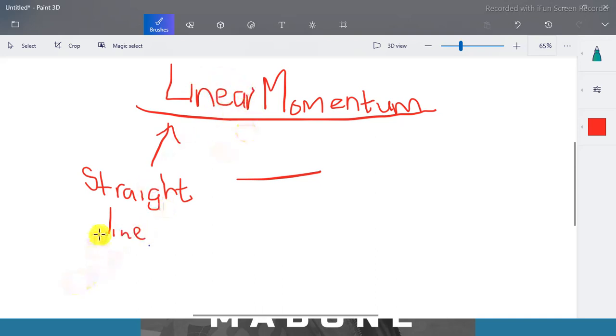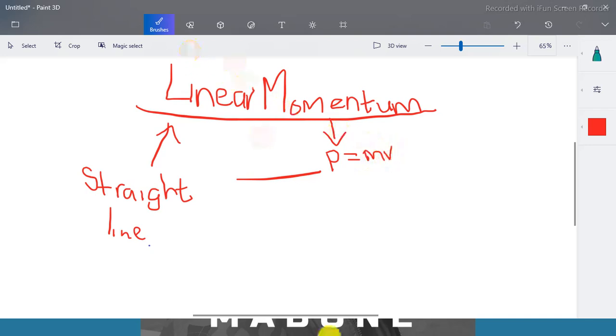The word linear comes from line. It means there's a line involved. Can you see the line right there? So now let's deal with momentum. We were taught that momentum is represented by P. And momentum is the product, I hope you have your pen and paper, as I usually say, of mass and velocity, guys.